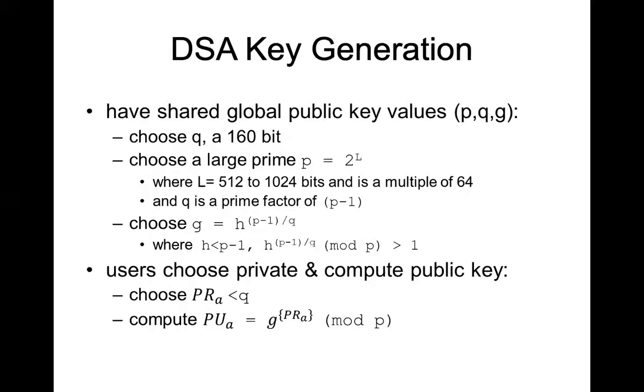So they choose a private value, PR of A, that is less than Q, and they compute a public value, that is G to the power of PRA mod P, right? So this should remind you of discrete logarithm. If you know the public key and you know G and you know P, it is hard to compute PR of A. Okay, so the security of the scheme is based on the hardness of the discrete log problem, hardness of inverting discrete log.